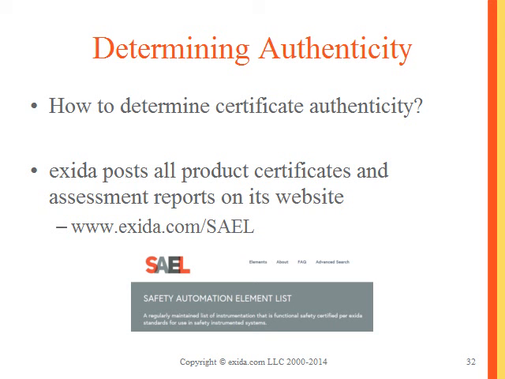So look at the exida.com Safety Automation Equipment list to find these items and make sure that your certificates are indeed authentic. Through our blogs and newsletters, we try to inform people that there are counterfeits on the market. So that's just a heads up.